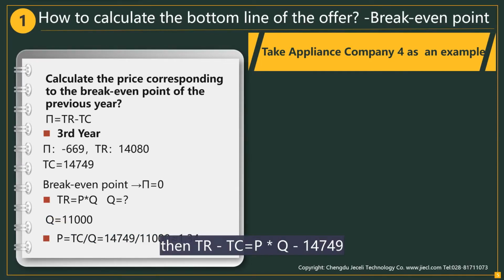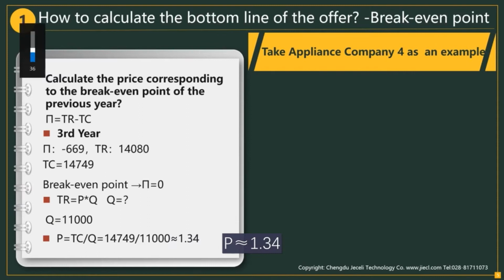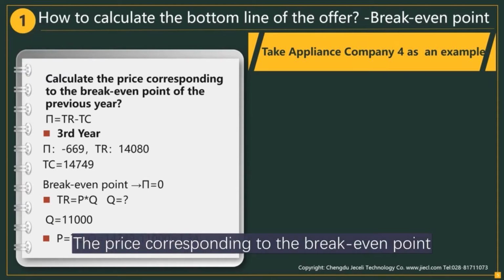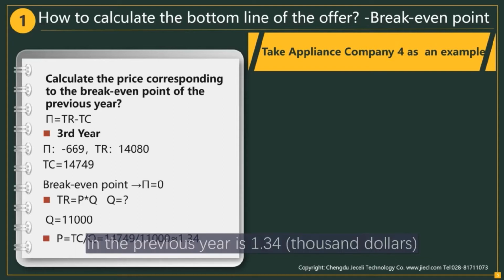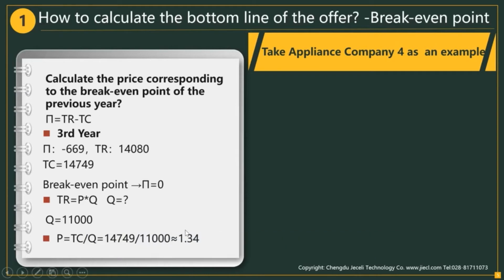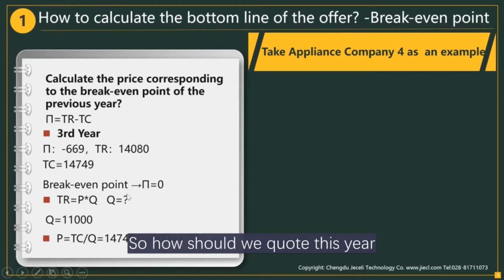Then TIA minus TC equals P times 11,000 minus 14,749, which is equal to 0. P is approximately equal to 1.34. The price corresponding to the break-even point in the previous year is $1.34,000.